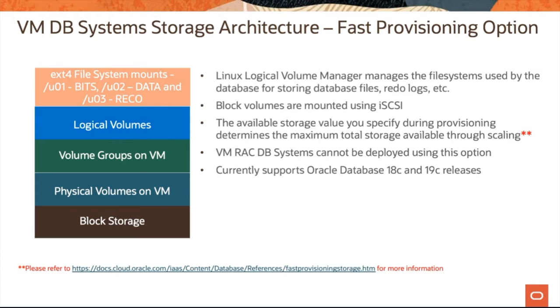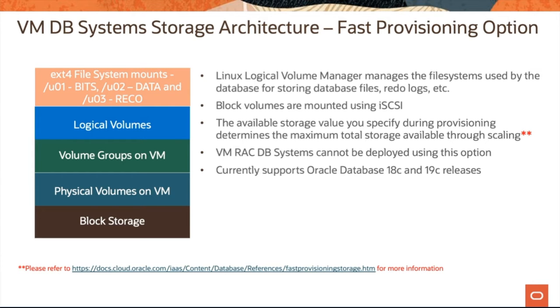The Linux Logical Volume Manager manages the file systems used by the database for storing database files, redo logs, etc. Block volumes are mounted using iSCSI, and note that the available storage value you specify during provisioning determines the maximum storage available through scaling. And I have a note down there at the bottom of the slide for more information in this regard.